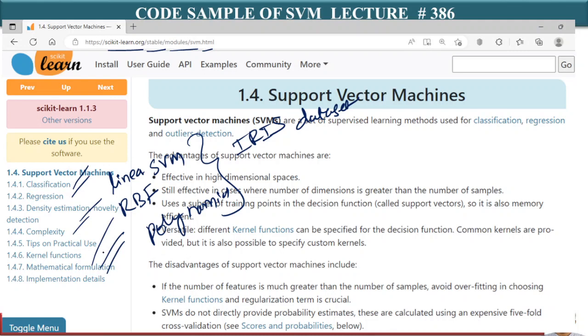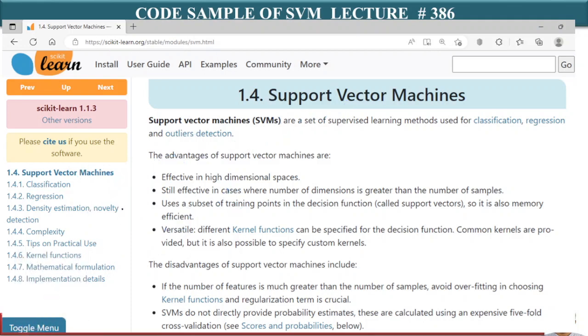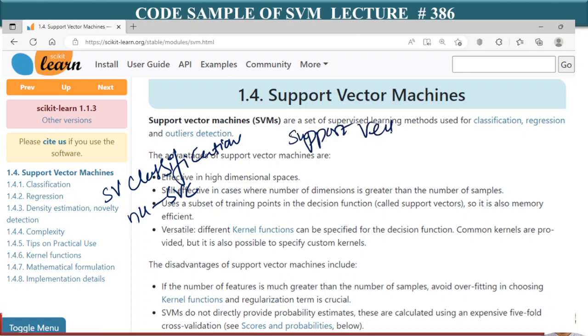Thankfully, scikit-learn implements support vector classification, NuSVC, new support vector classification, and also support vector regression.